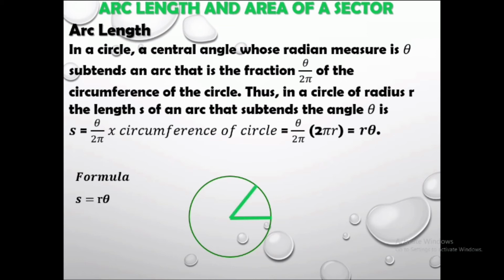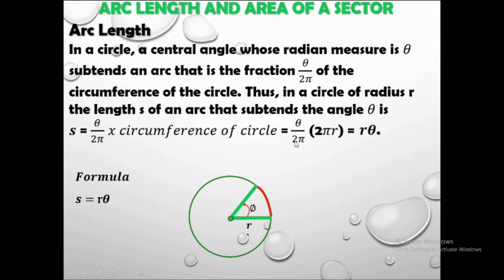Thus, in a circle of radius r, the length of an arc that subtends the angle theta is S equals theta over 2 pi times the circumference of the circle equals theta over 2 pi times 2 pi r equals r theta.